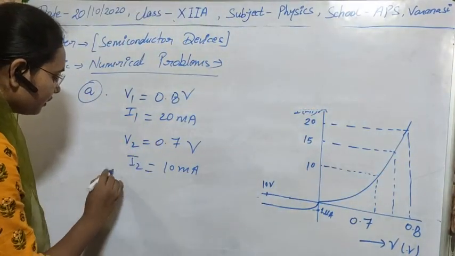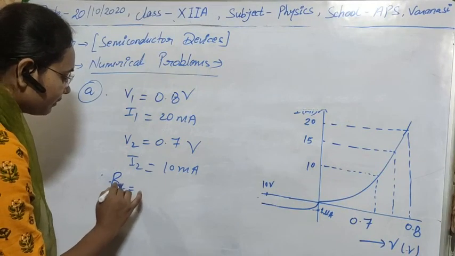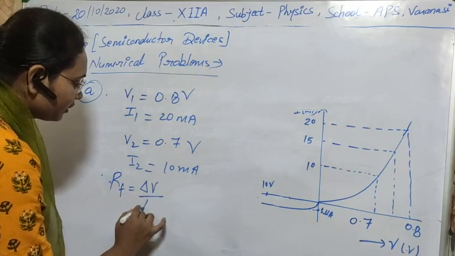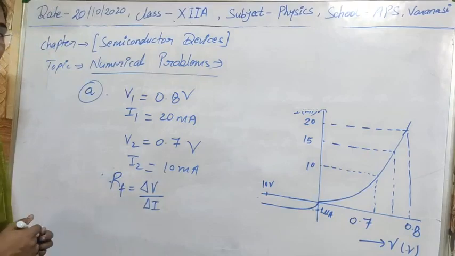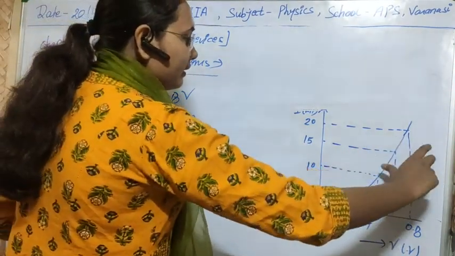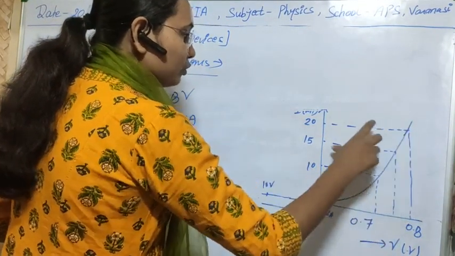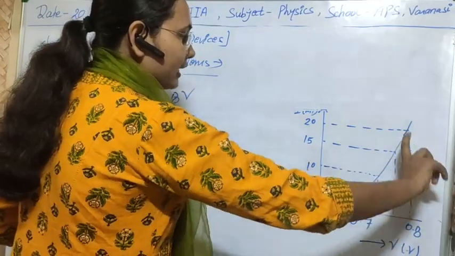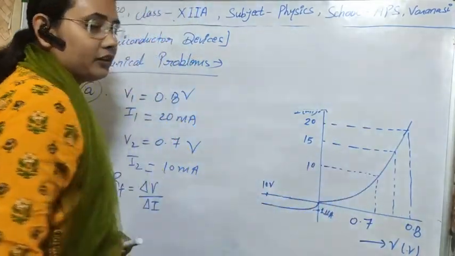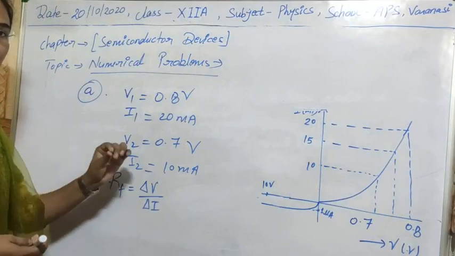Resistance in forward bias will be equal to delta V upon delta I. We can calculate the slope by taking the difference between two values on the y-axis and the difference of two values on the x-axis.